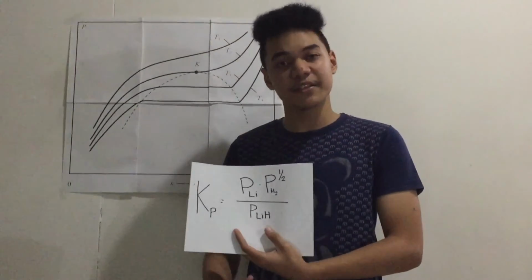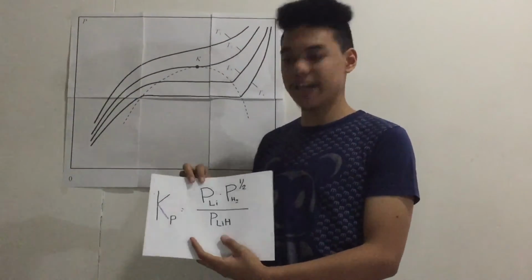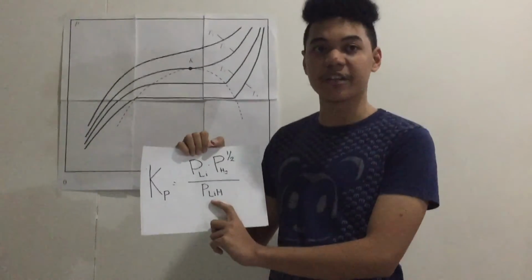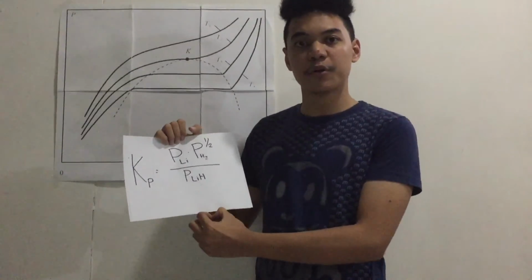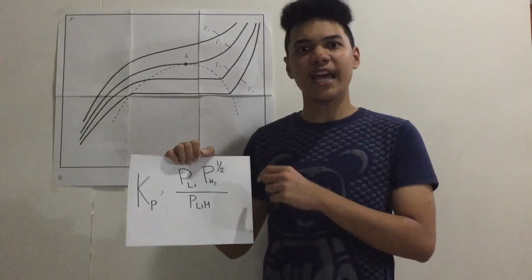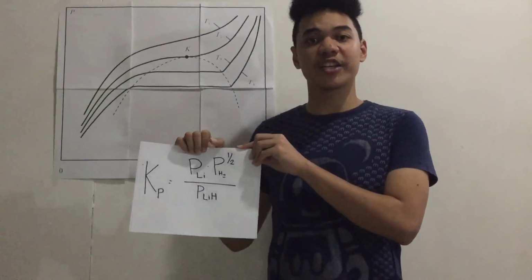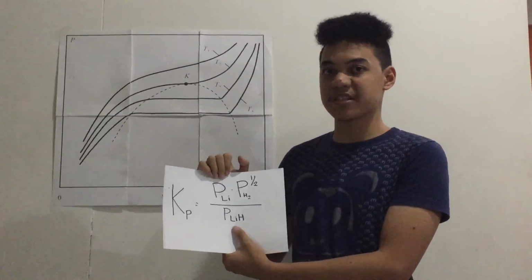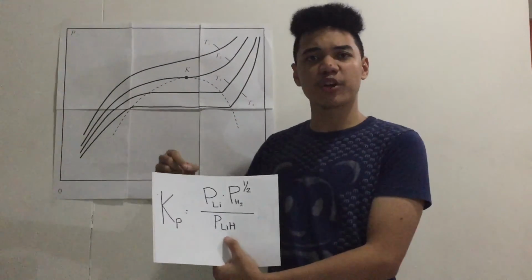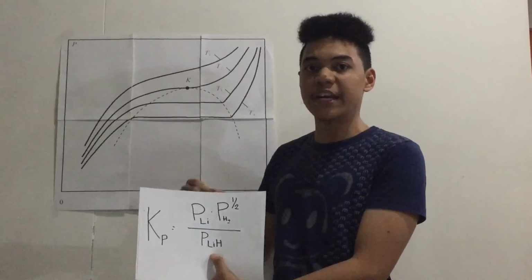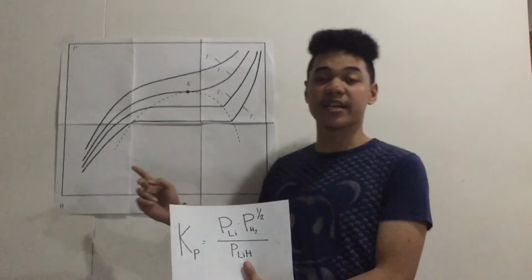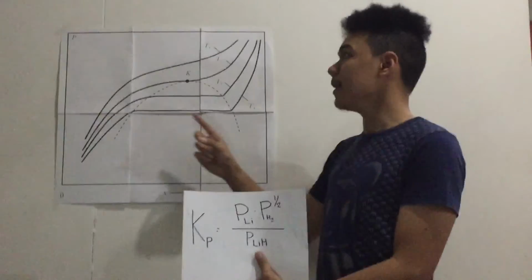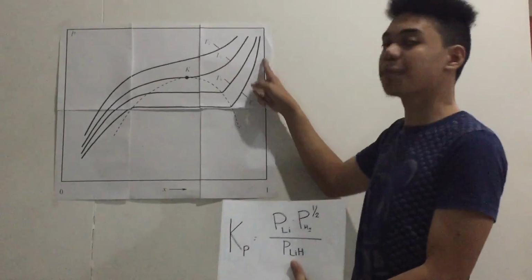In the complete dissociation of lithium hydride, the pressure of lithium would approach 0. So what happens to the pressure of hydrogen gas once the pressure of lithium approaches 0? Now the pressure of hydrogen gas would lead to infinity. That is why outside the immiscibility curve, the pressure of the hydrogen gas sharply increases up to infinity.